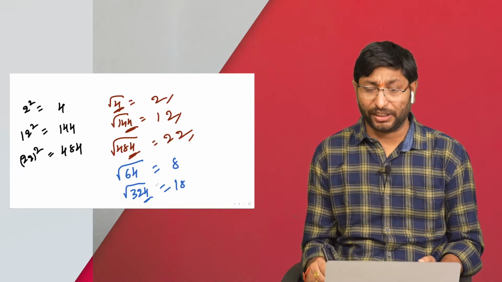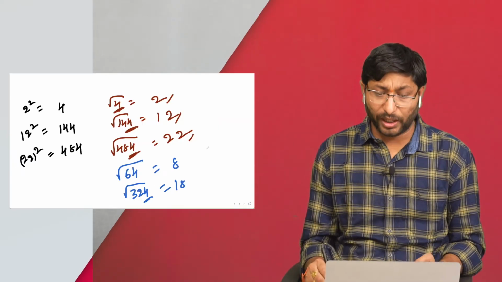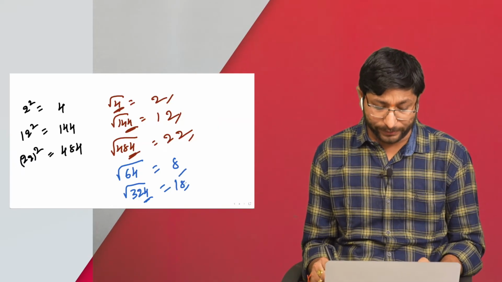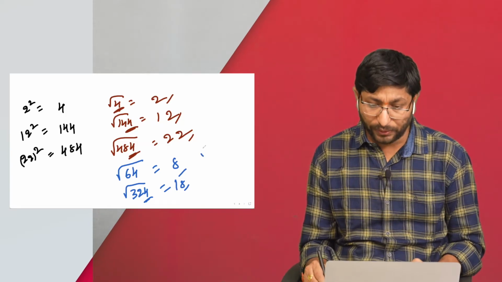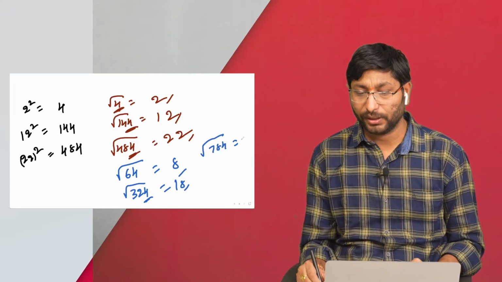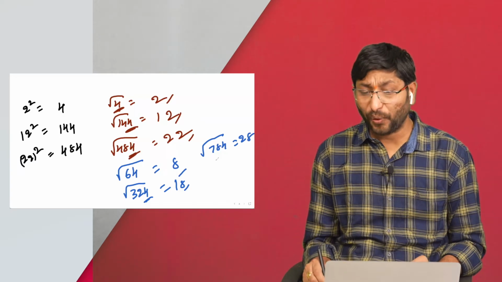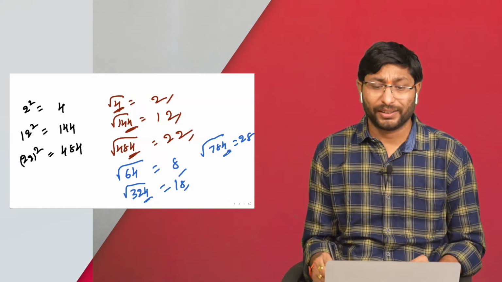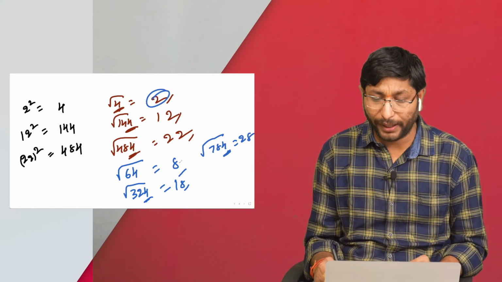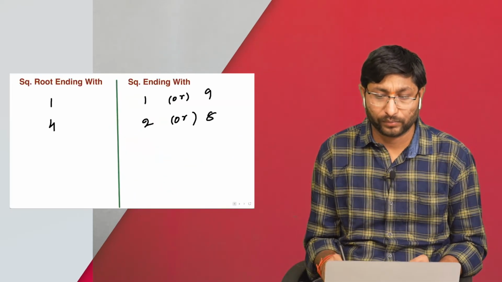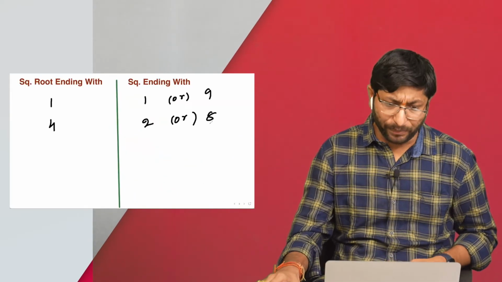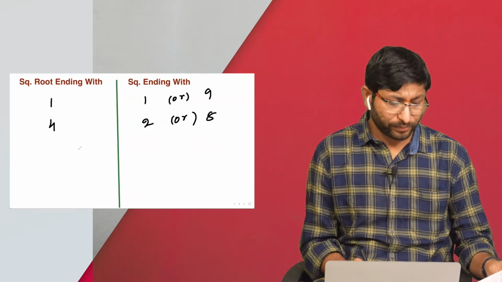Let's check with 8, 2 or 8. The square root of 784 is 28. If the square is ending with 4, the root can be 2 or 8. In the same way, you need to derive the table.